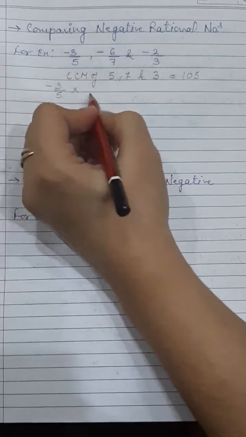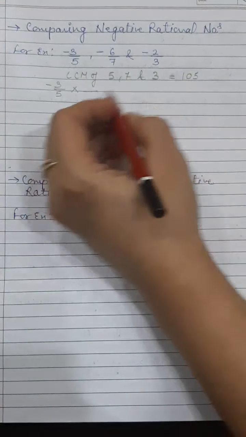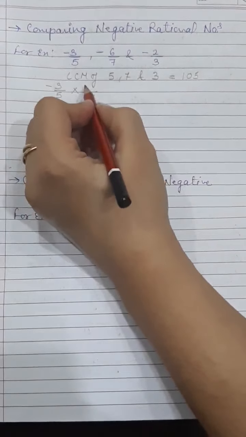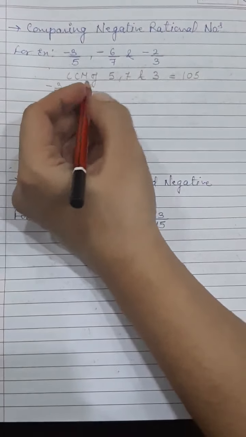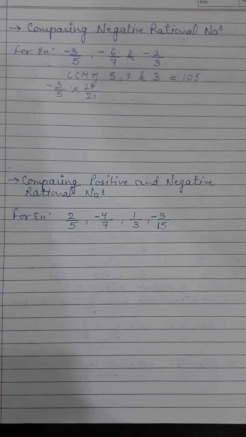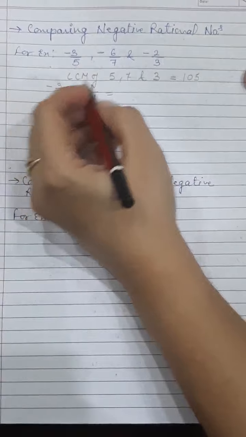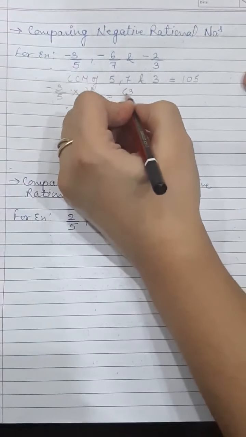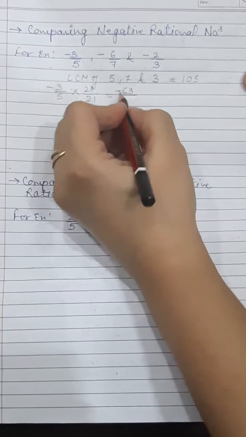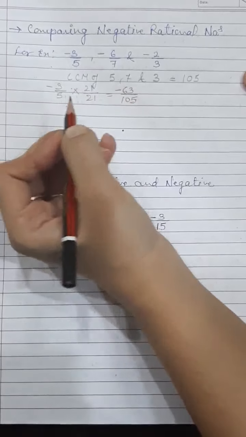So which number you have to multiply with 5 to convert into 105? That is 21. Right? So same 21 you have to multiply it with the numerator also. So when you multiply, 21 into 3 is 63, minus 63 upon 105. Right?